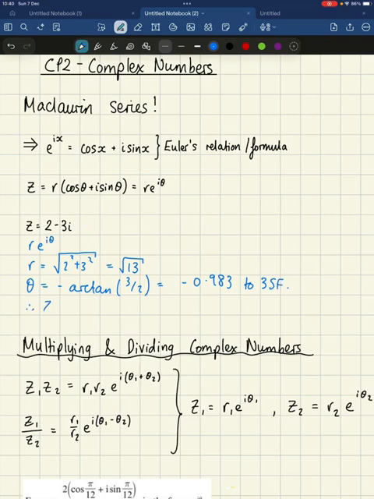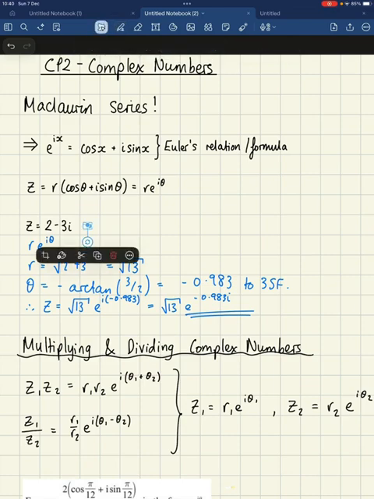Therefore, we can say that z is r e to the i theta, which is root 13 e to the i times minus 0.983. I guess you can tidy that up to get root 13 e to the minus 0.983i. And that's z expressed in polar form.